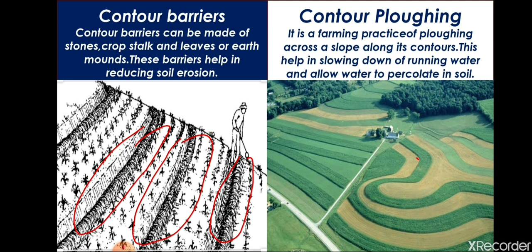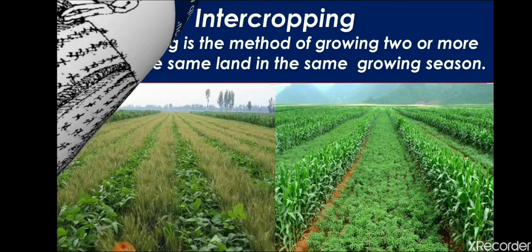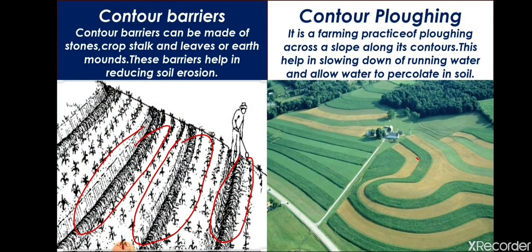Contour plowing is similar. It is a farming practice of plowing across a slope along its contours. These contours are created here, and this also helps in slowing the speed of the running water.